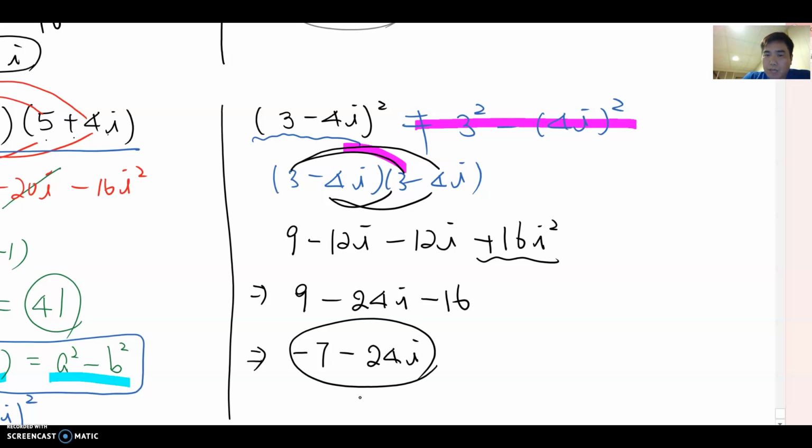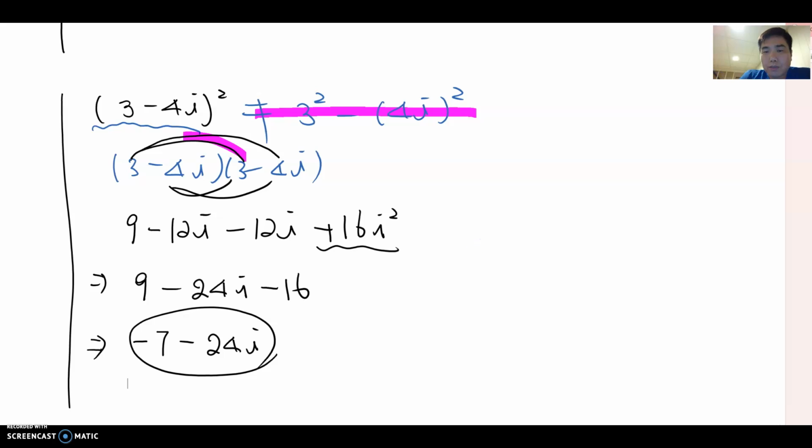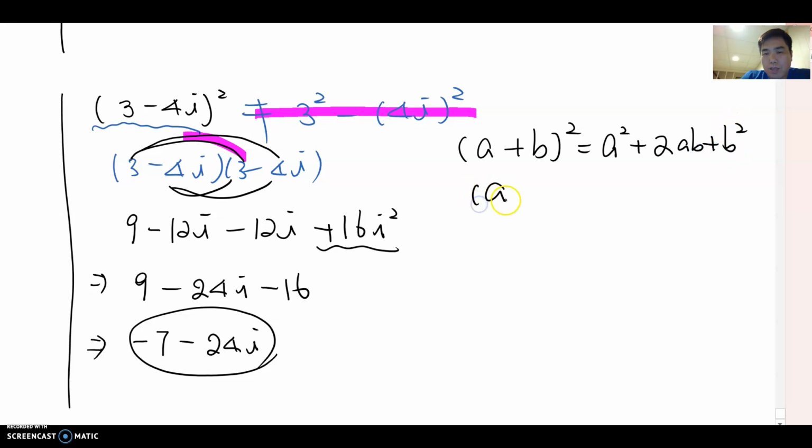Okay, now another way. If you know another property, a plus b squared equals a squared plus 2ab plus b squared, and a minus b squared equals a squared minus 2ab plus b squared, then this operation is much quicker.